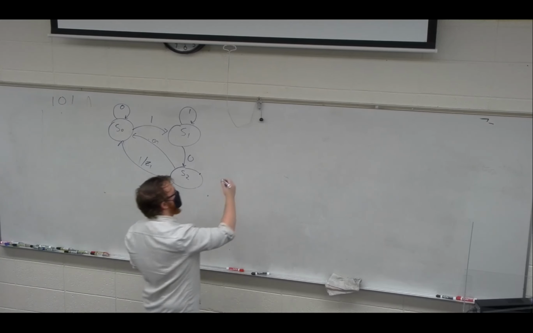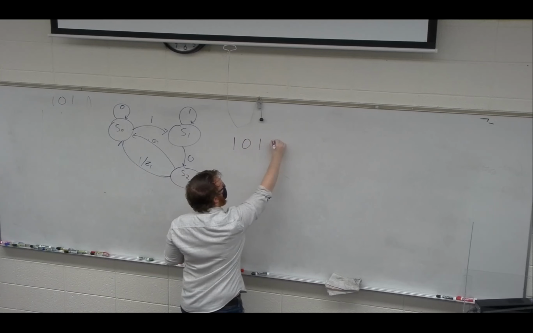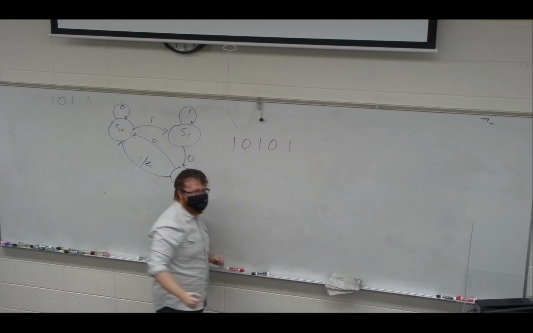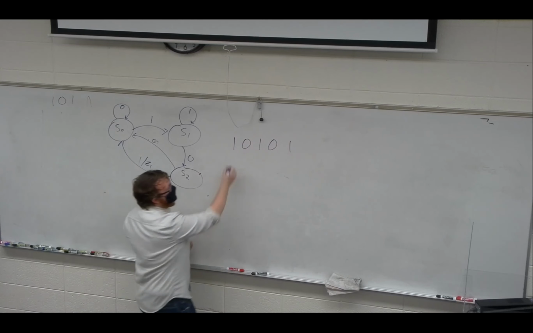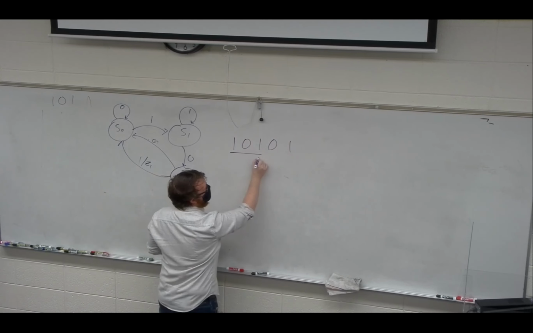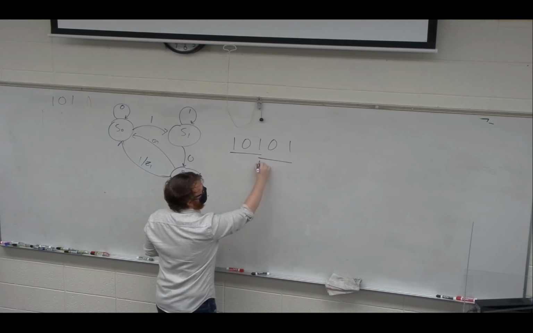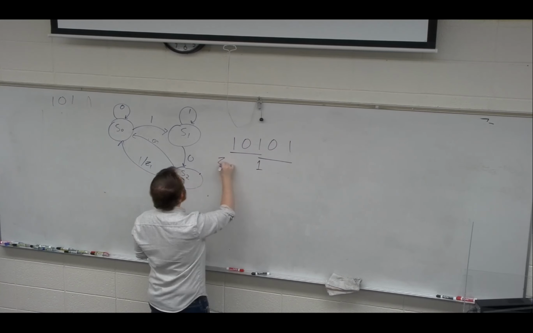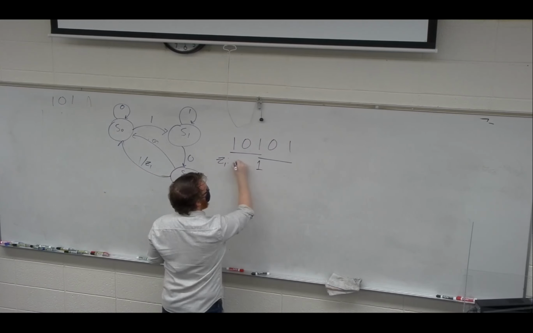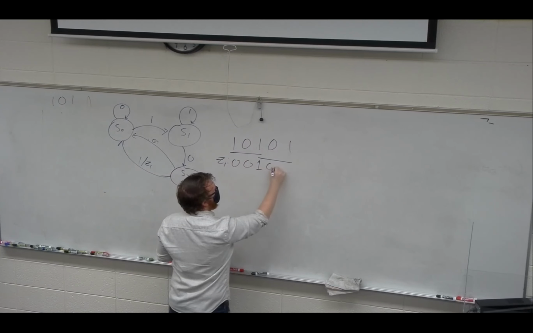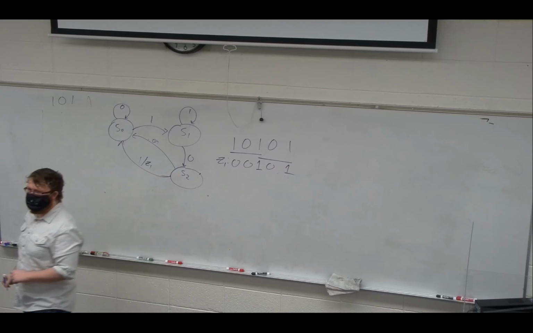Say that I get the sequence 1, 0, 1, 0, 1. I see a 1, 0, 1 here and a 1, 0, 1 here, right? So what I would like to see at my output is a 1 here and a 1 there.